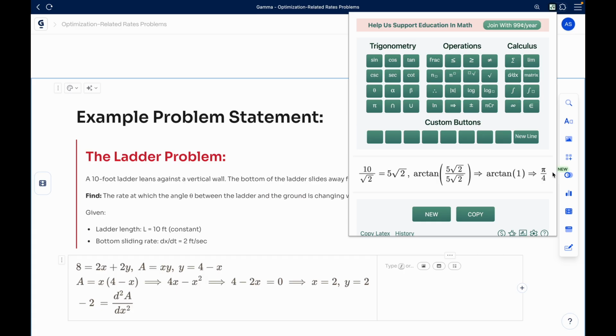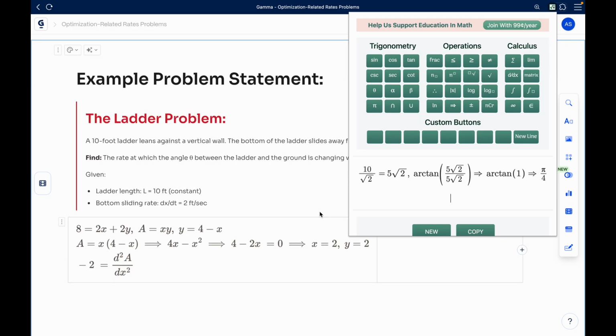Now the next thing we can do is set up an equation. Let's say we have x, the length of that. Sine of theta is equal to x divided by 10, where 10 is the hypotenuse. So we can differentiate this.